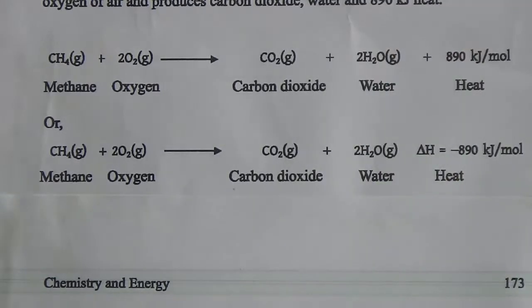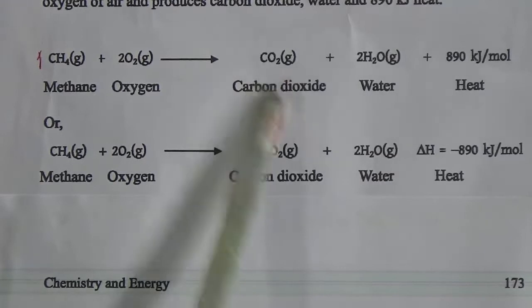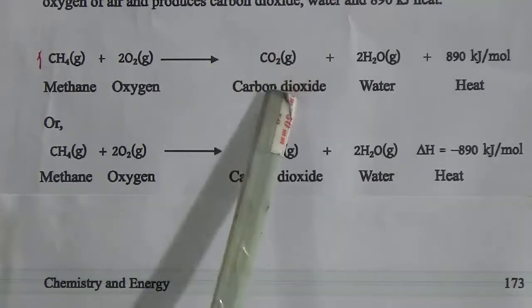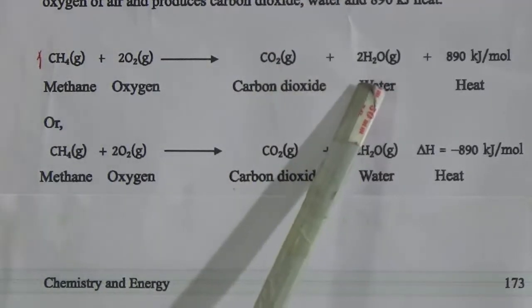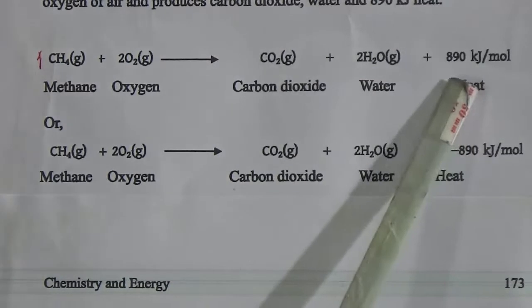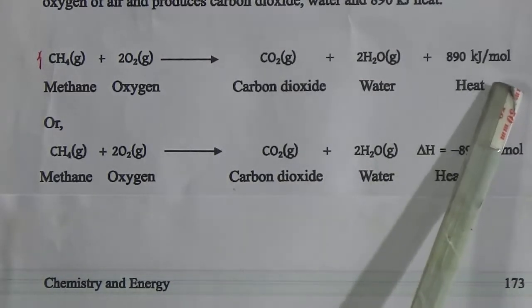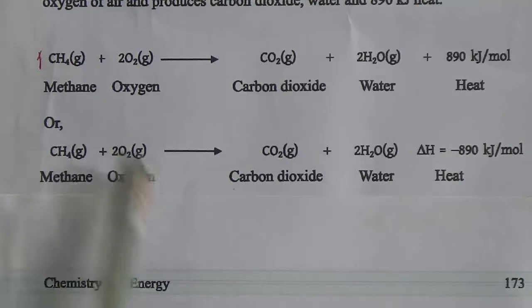Here, dear students, 1 mole of methane reacts with 2 moles of oxygen, producing 1 mole of carbon dioxide and 2 moles of water and 890 kilojoules per mole of heat energy.